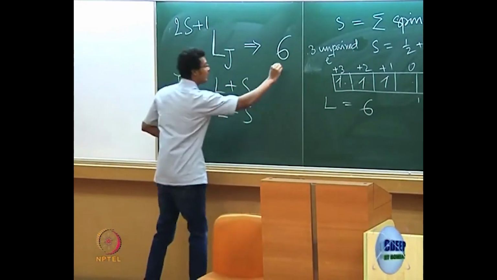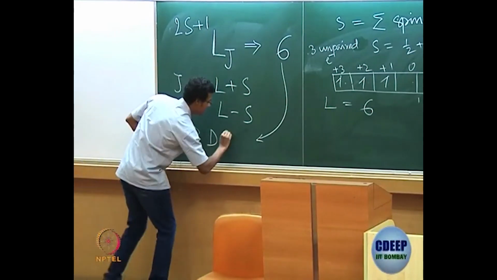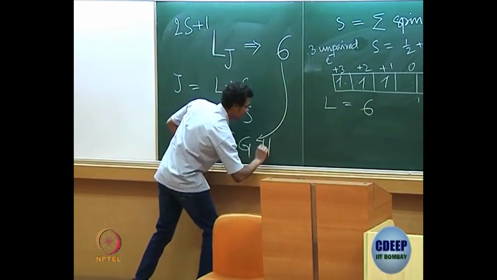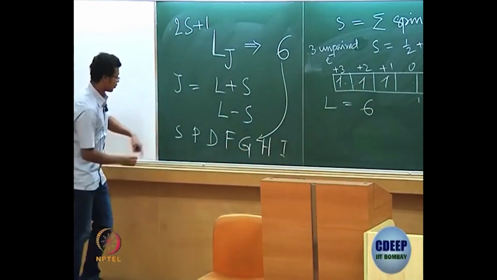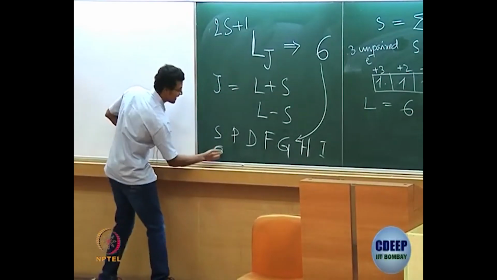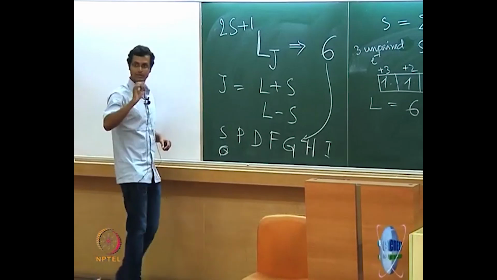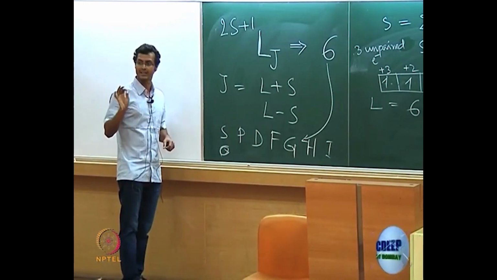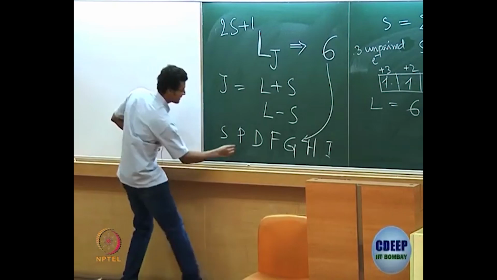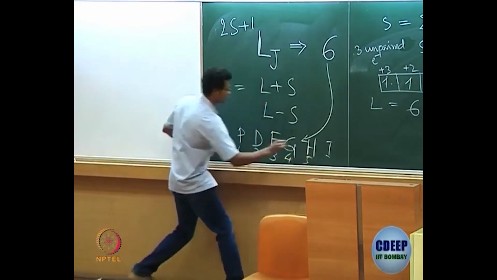I will come back to that. You know the term symbols S, P, D, F, G, H, I and so on. If the L value is 0, then that is S. If you have not studied this before, you just go for this Russell-Saunders term. S, P is 1, D is 2, F is 3, then 4, 5 and so on.